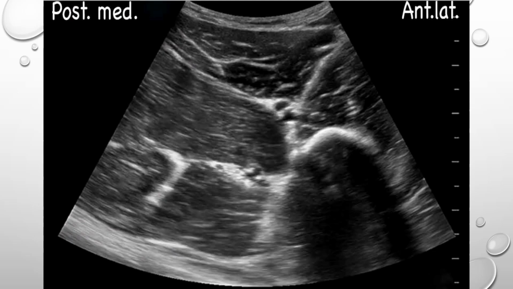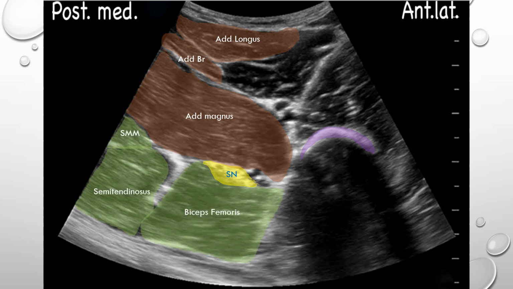The typical ultrasound image of an anterior sciatic block shows the bony shadow of the femoral cortex, and medial to this lies the sciatic nerve, which is sandwiched in the plane between the adductor muscles, comprising the adductor longus, brevis and magnus, and the hamstring muscles, comprising the biceps femoris, semitendinosus and semimembranosus.